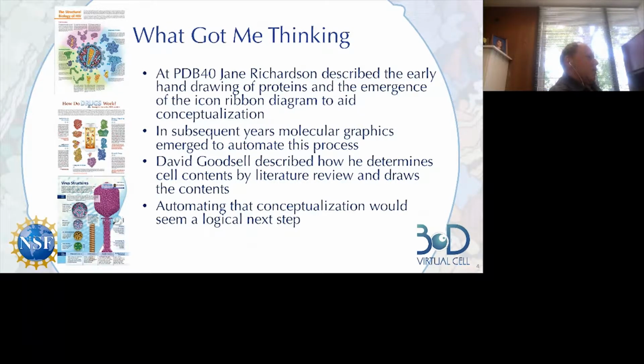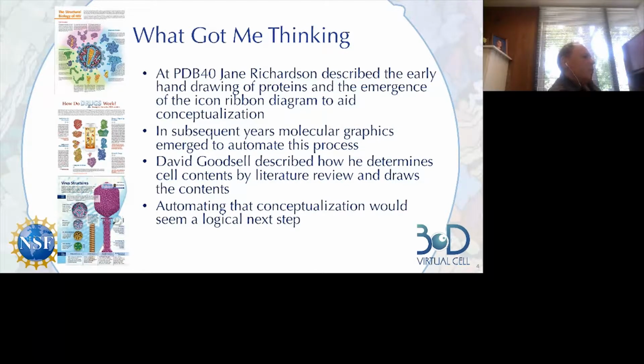So I guess that's a good indication of how prevalent this is. But now no one draws those by hand anymore in the way that Jane and Erwin Geist did in the beginning. That's now all done with some pretty nifty computer graphics programs of various ilks. So all of that moved into the realm of automation.